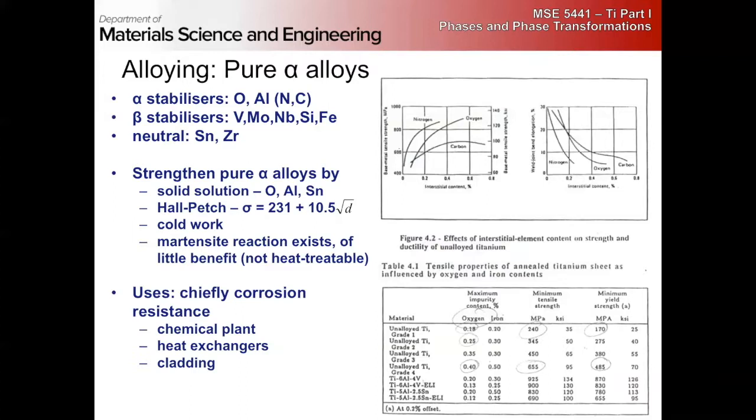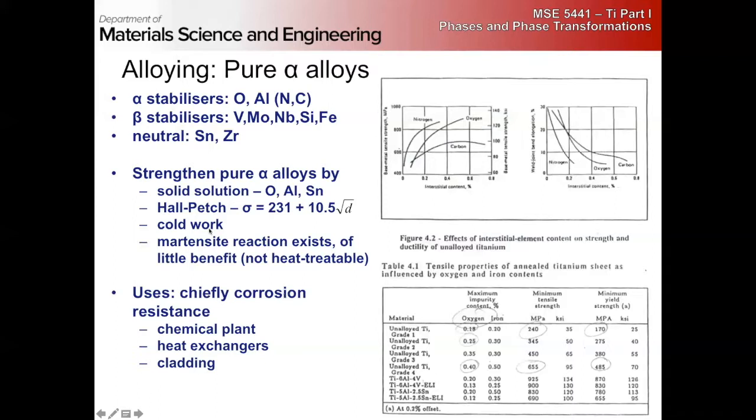As soon as you give it any temperature, you transform from the martensitic phases to regular alpha, and so you can't get a lot of strengthening. These are primarily used for corrosion resistance, right?